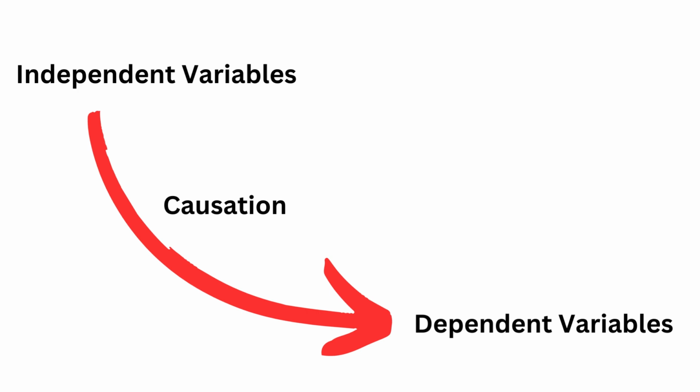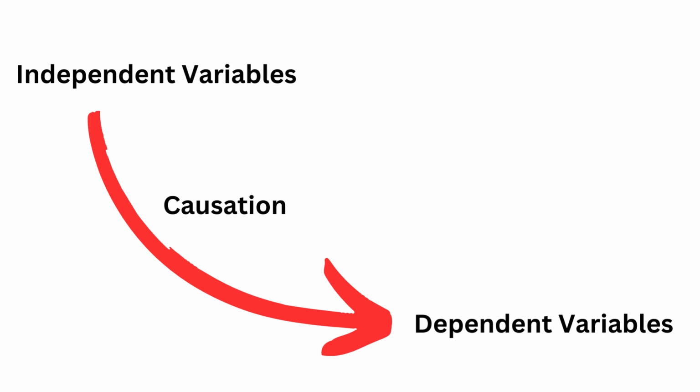Now, there are two types of variables: independent variables and dependent variables. Independent variables are the influencer. They're the things that are making the change. A dependent variable is the influenced, the thing that is changed as a result. Here's a great example. We could look at two variables, income level and level of education.